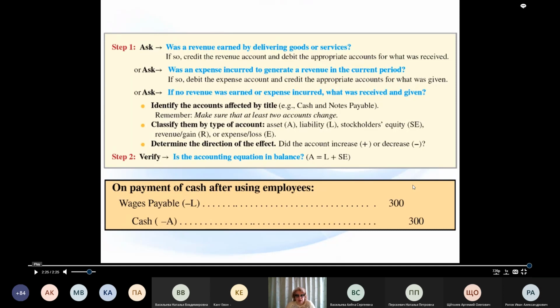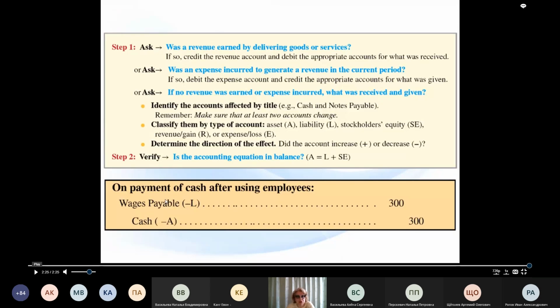So in this case, we should recognize wages or salaries expense in correspondence with the wages or salaries payable, expenses, of course, on debit, and payables on credit. And after that, on payment of cash, after the recognition of these expenses, we should decrease cash, because this is the cash outflow.